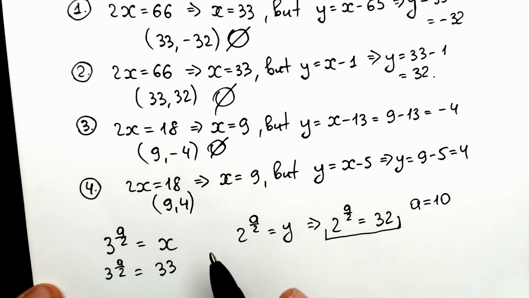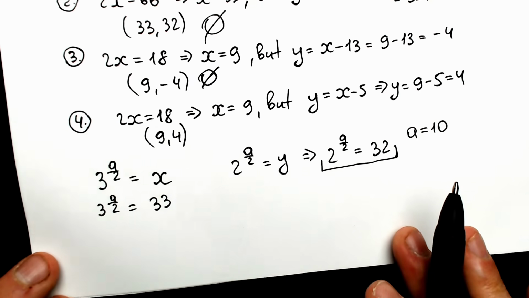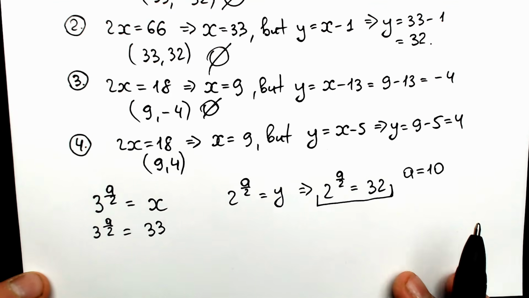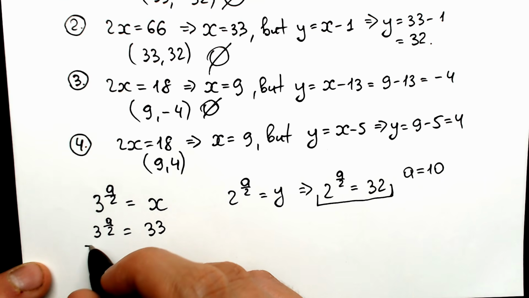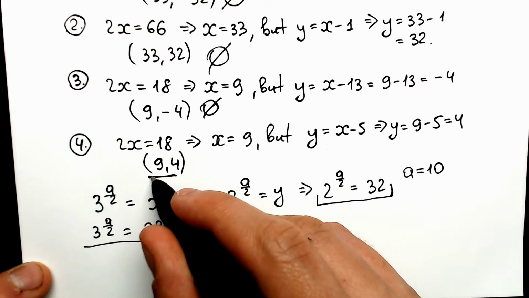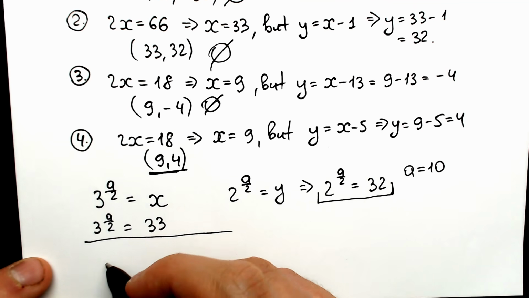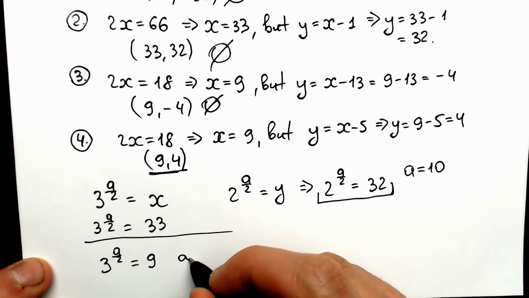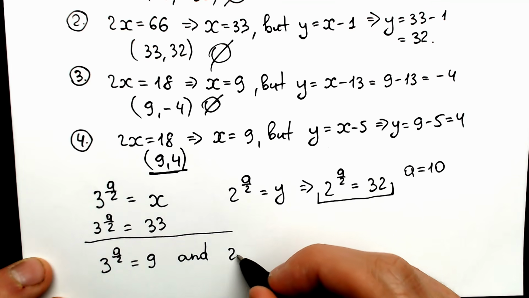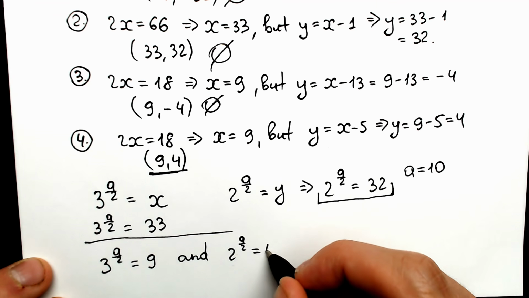And our last step, 9 and 4, our last pair. This pair is good for us, so let's split it. We have 9 and 4. This is our last hope. 3 to the power a over 2 is equal to 9, and 2 to the power a over 2 is equal to 4.